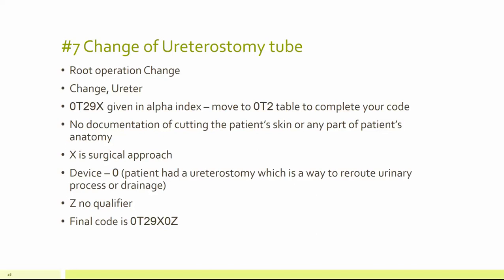So they're rerouting their urination process to a tube, and then that tube goes outside of their body. Your urine is going to go into a bag for collection. So we're going to reflect a positive value of 0 because it's a drainage device. A ureterostomy tube is draining urine. Z, no qualifier. Final code is 0T29X0Z.